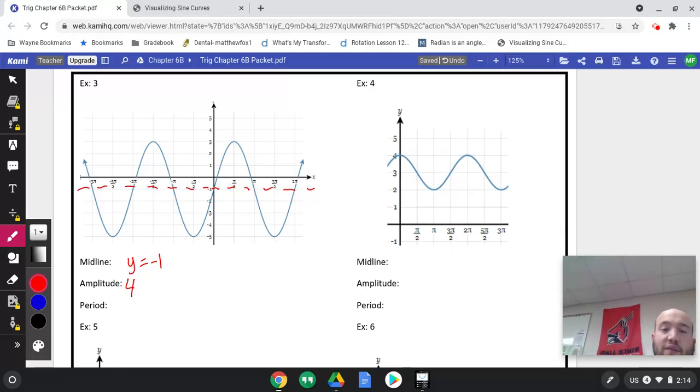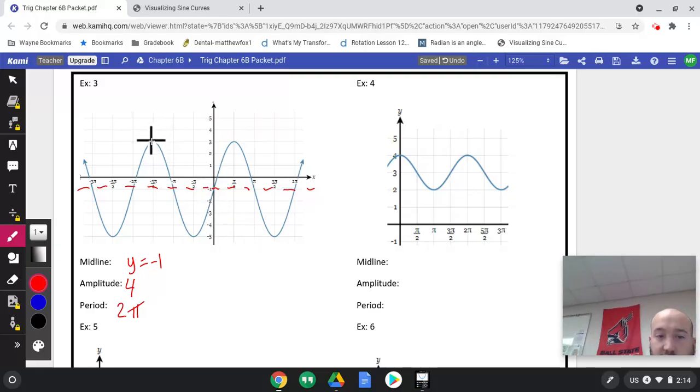Now, once again, we have to find what my period is. So I can start here at 0 on the y-axis, and I go up and down, and the cycle repeats here at 2 pi. That's where it hits the midline again. Now, maybe you prefer to go peak to peak. That's fine.